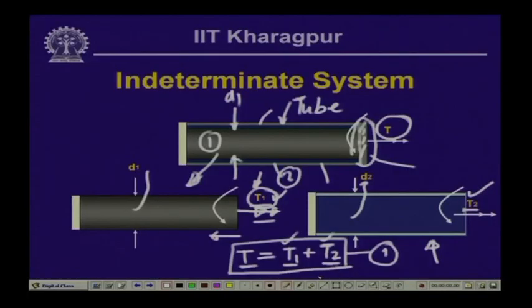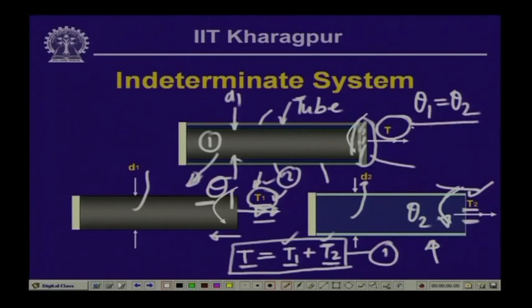Now, if we say that theta 1 is the rotation that this solid shaft is undergoing because of the twisting moment T1, and theta 2 is the rotation that this tubular shaft is undergoing because of the twisting moment T2, then we say that theta 1 is equal to theta 2, and this is the compatibility equation.